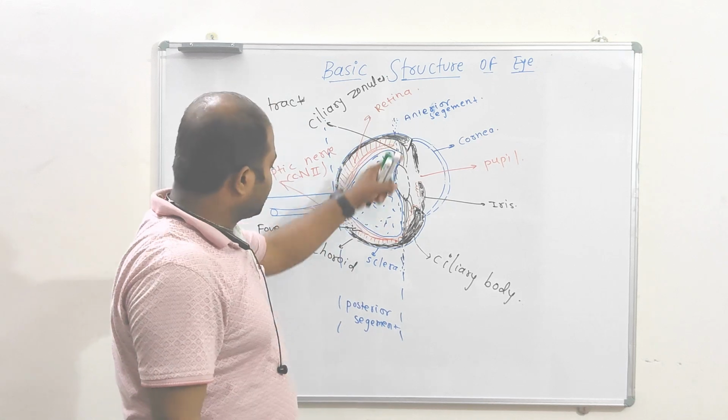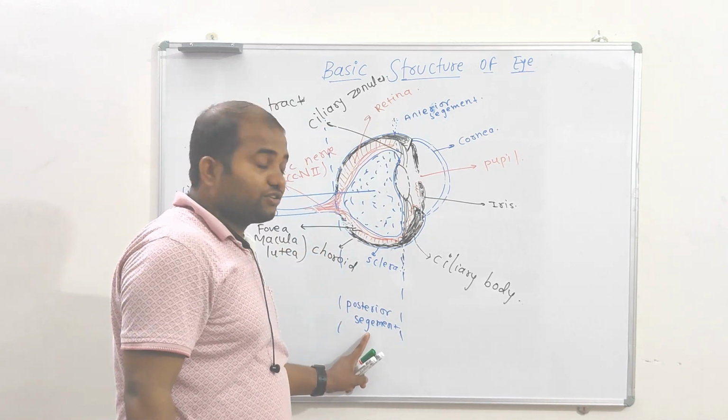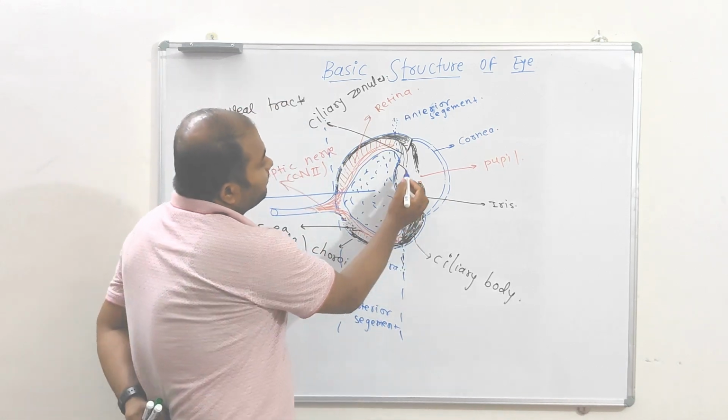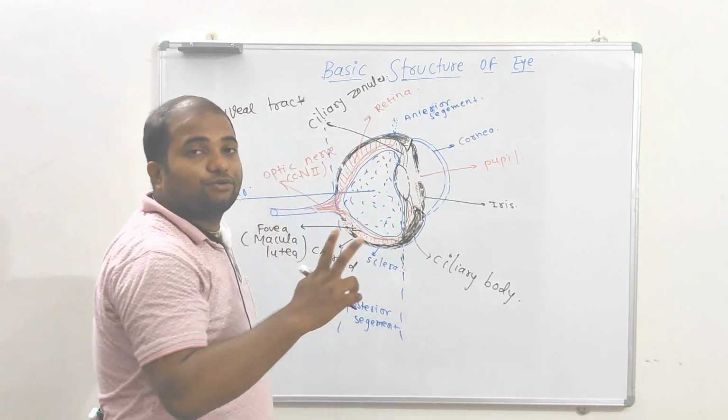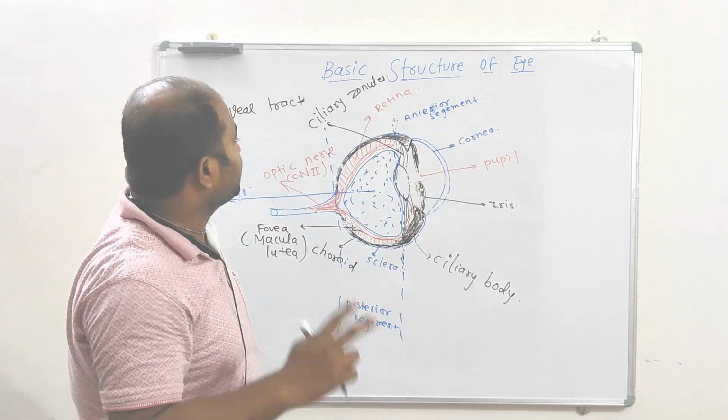Now, vitreous humor is present in the posterior segment. You have to remember this. In the anterior segment, we have two chambers or regions.